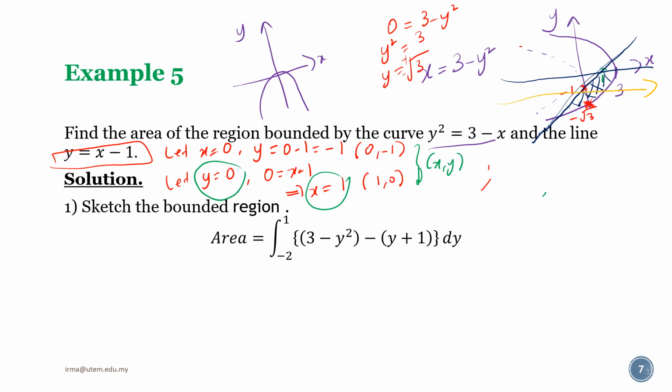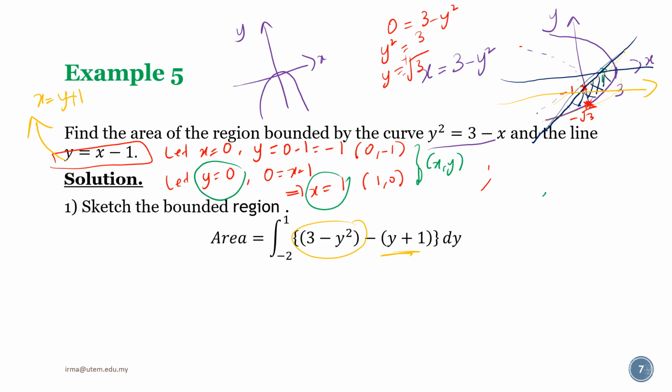So the line here is smaller than the curve, so you will have the curve minus the line. Make sure all the functions are in terms of y, so this one you need to change to x equal to y plus 1.